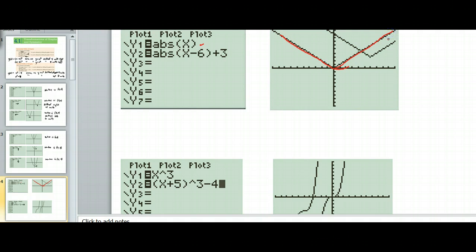Alright, and what does this say to do? This says to shift it to the right 6 units, because it's minus 6 inside the parentheses. And then this says to shift it up 3 units. Alright, so right 6, up 3. Now if I take any of these points that are on this graph, like for instance negative 2, positive 2 is a point on this graph.